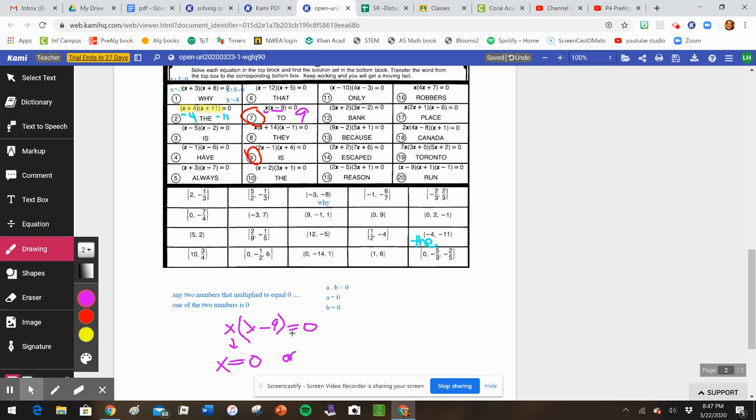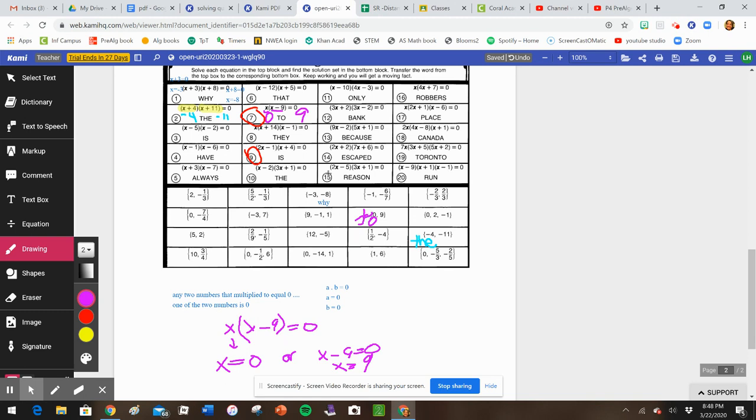Or x minus 9 will equal 0, so maybe it's this parenthesis that equals 0, and x would equal 9. If x equals 9, you're going to get 9 times 9 minus 9, which is 0, and you still get a 0. So this one does have two answers, 0 and 9, which ends up being this box in here. So this box is going to get a 2, not a Joe. That totally looks like a Joe.